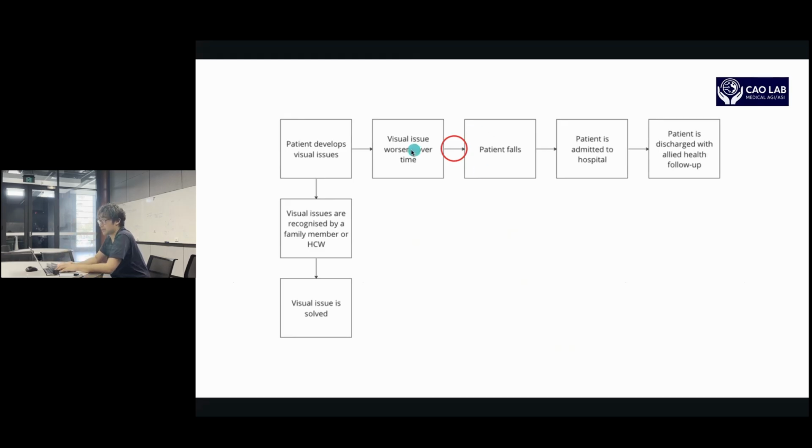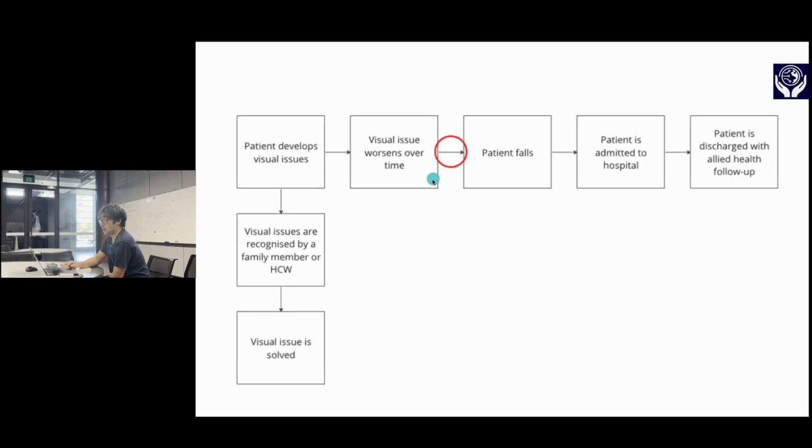So if we go back to the patient falls example that we were just talking about, we can map out what happens before and after a patient falls. Say a patient develops visual issues, this visual issue will then worsen over time, and then it leads to the patient falling. Then the patient's admitted to the hospital and then they're discharged.